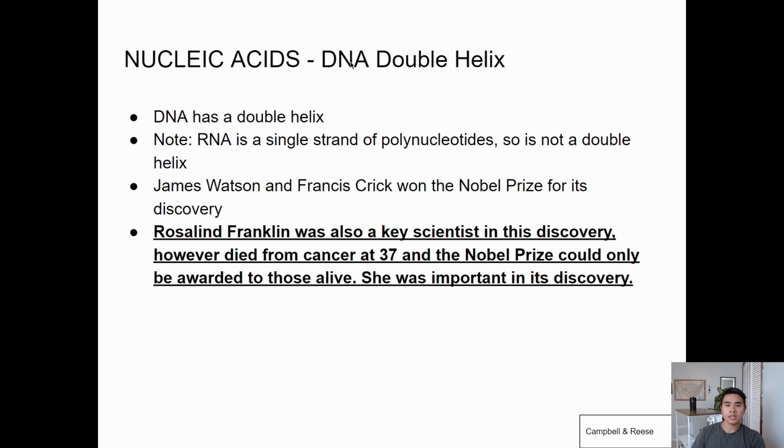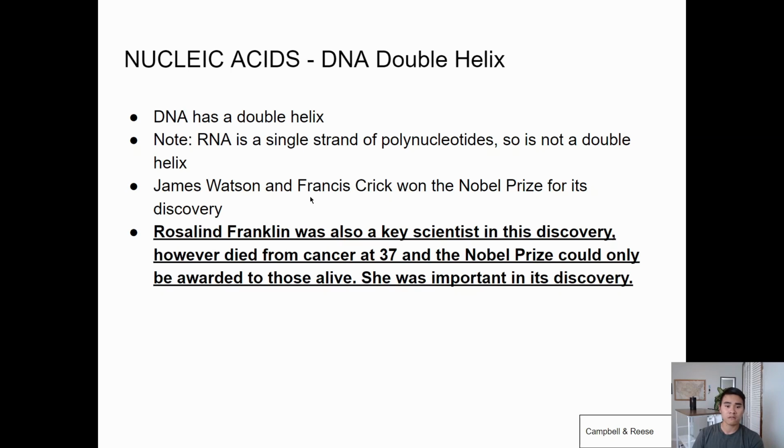Nucleic acids, DNA double helix. So DNA has a double helix, which means that it's spiraled, and it's 2 of them, double helix. This was determined by many scientists, but 2 are recognized for the Nobel Prize, and 1 needs to be mentioned every single time.